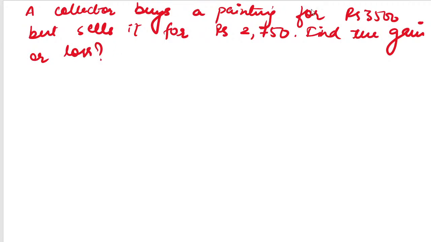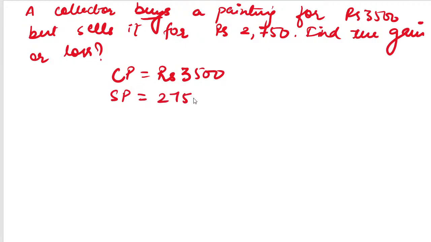So we know that the CP, that means the CP of that painting, is rupees 3500, and SP, the selling price, is 2750. That means if our CP is more than SP, then we have loss. We already learned about that.